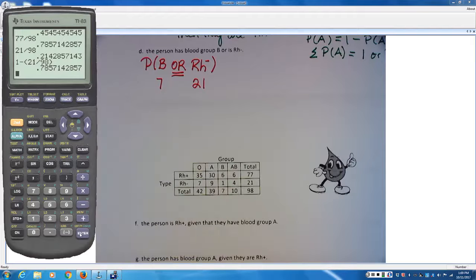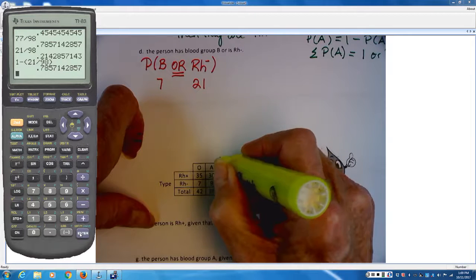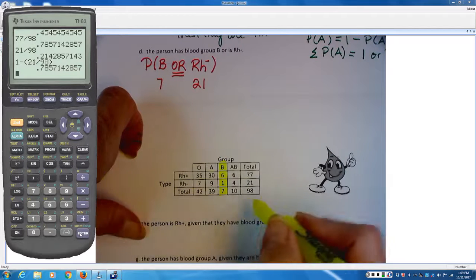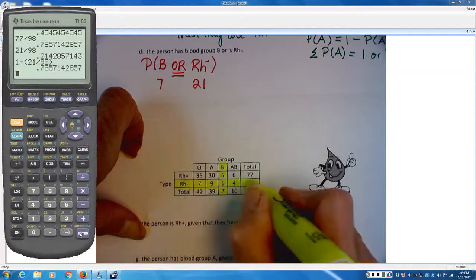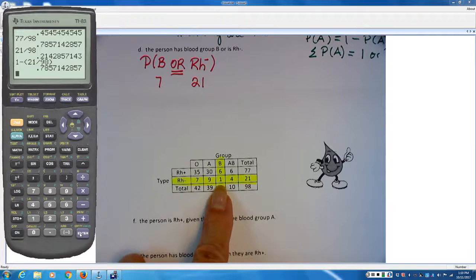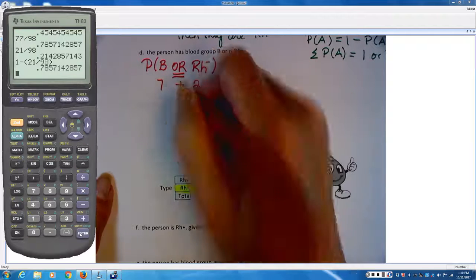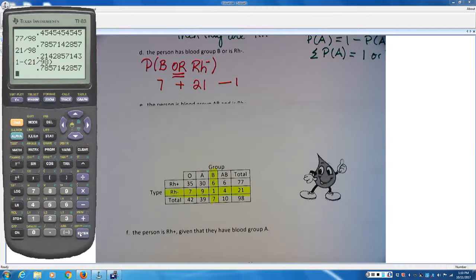But the problem with what I just did is that if I count all the people that are type B and add it to all the people that are Rh negative, who did I count twice? The one person who was both Rh negative and type B. I can't count that person twice. So I have to subtract that person out to get the numerator of my fraction.